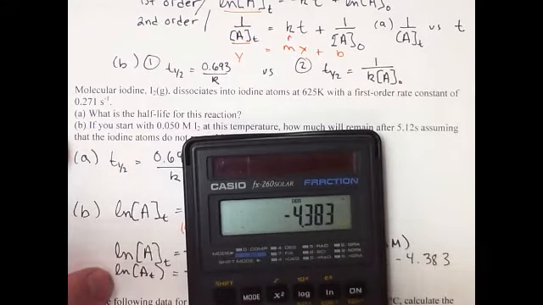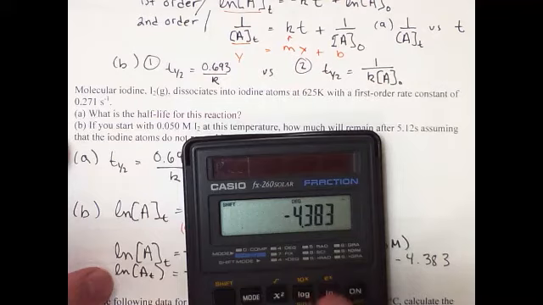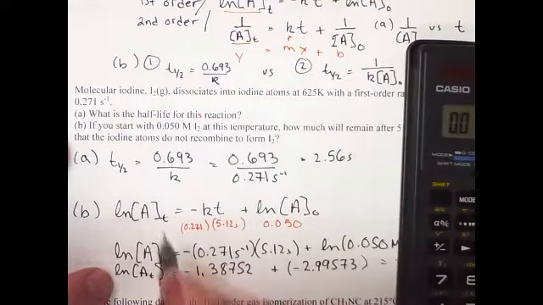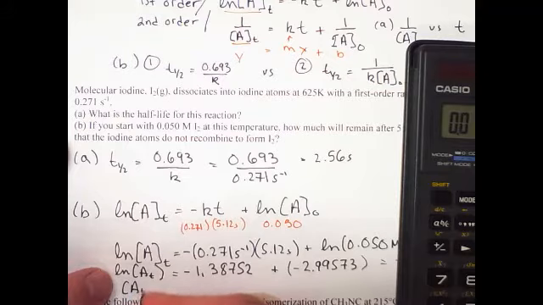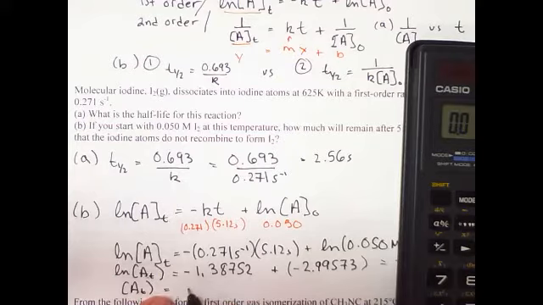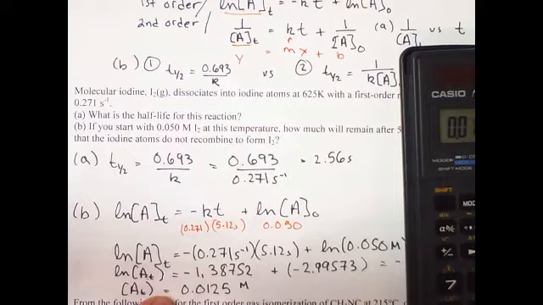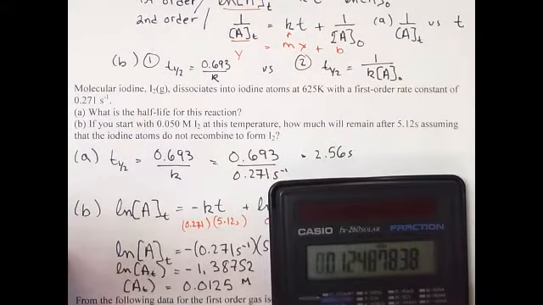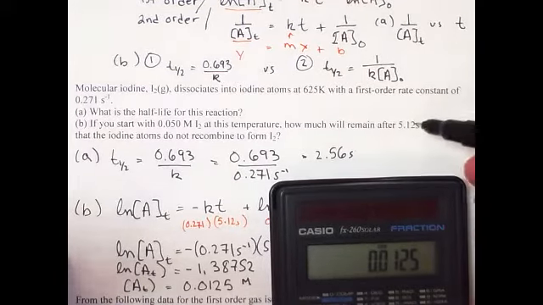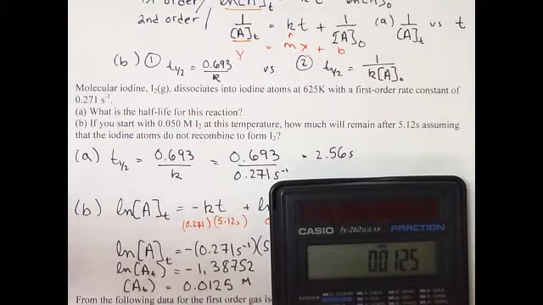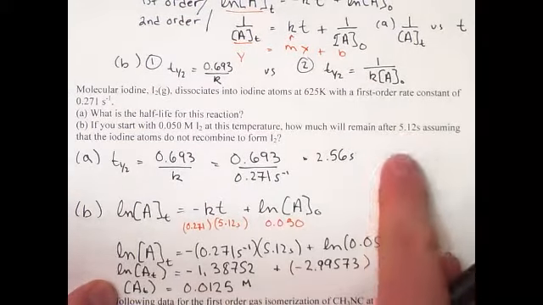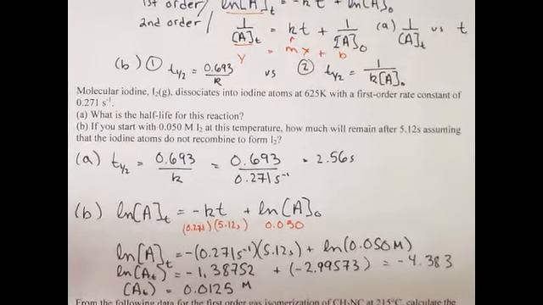To get that out of the natural logarithm, I'm just going to put e to the x in. So the concentration of A at time t is equal to 0.0125 molar, which is exactly what you would get if you divide it by 2 twice, because 5.12 is exactly 2 half-lives. A lot more labor intensive, but if you were not given a perfect number, this would actually work as well.